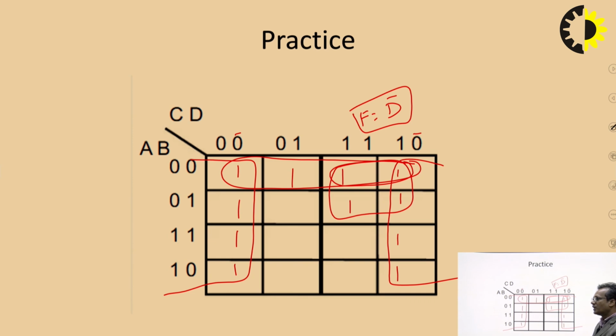We have to utilize other pairs also which are already used. If you have a single one, you can use different 3 groups also, right? So in this way we can generate a 4 variable K-map. Thank you very much. We will cover the next topic in the next class. Thank you so much.